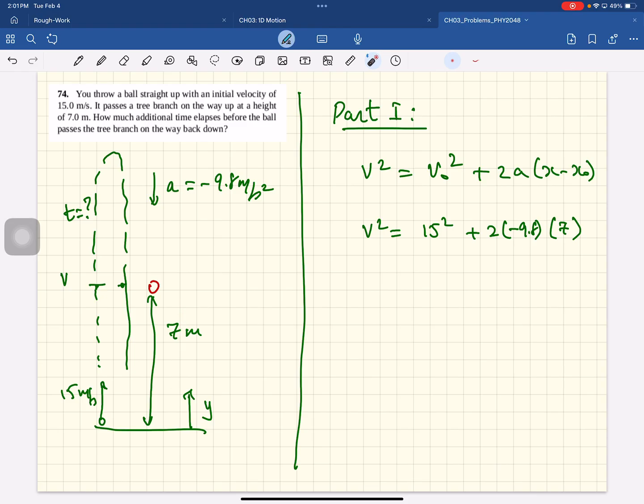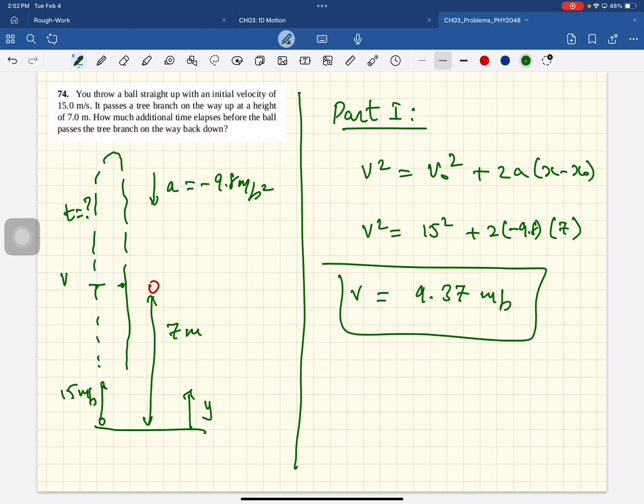Okay, so when it gets to the tree branch, it is going at 9.37 meters per second.